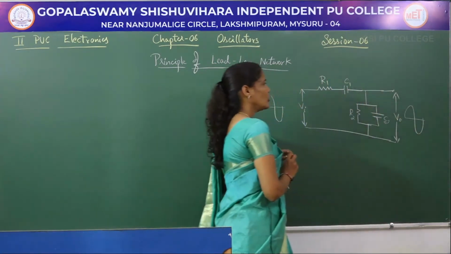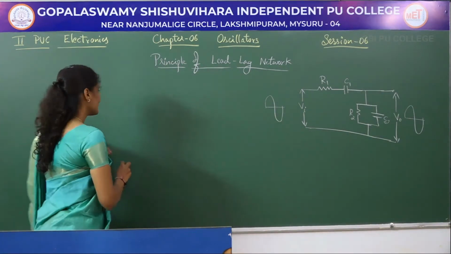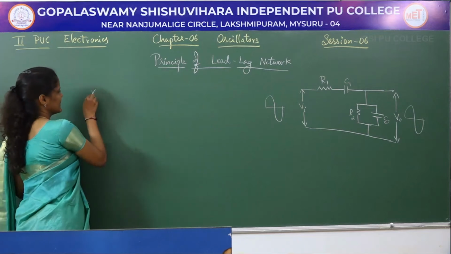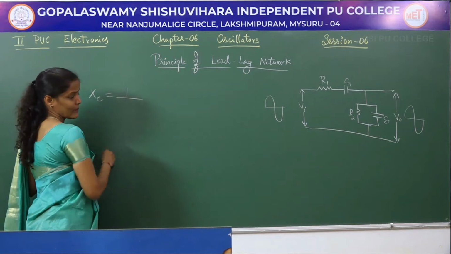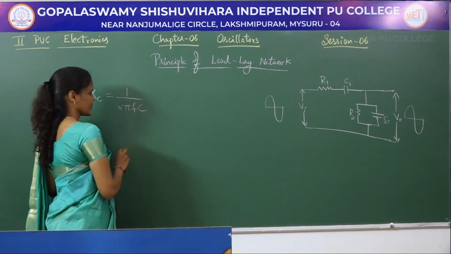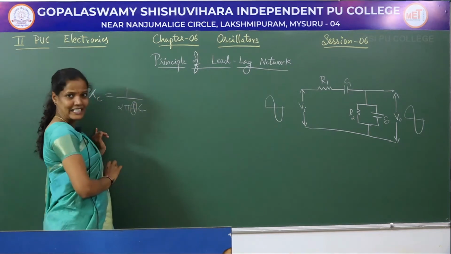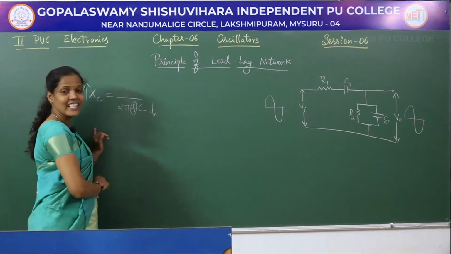For low frequency signals, the capacitor offers capacitive reactance, Xc, which is given by 1 by 2 pi Fc. For low frequency signals, the capacitive reactance is high.